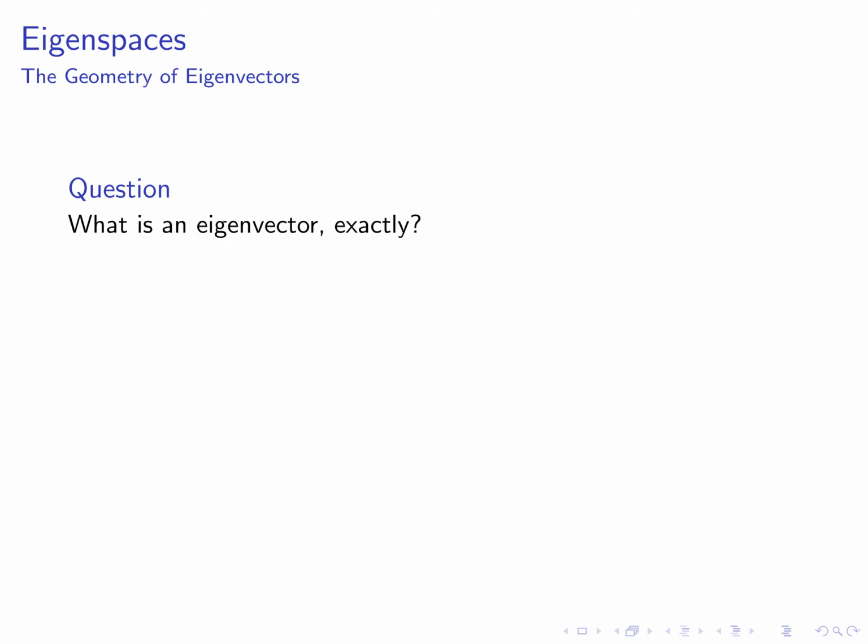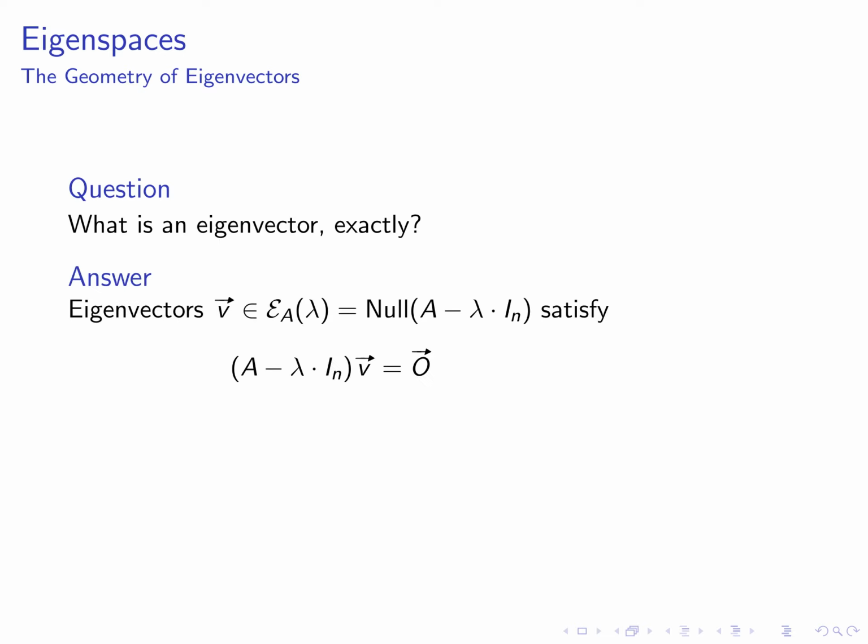So eigenvectors are the vectors that live in an eigenspace. But a natural question to ask is, what is an eigenvector exactly? Why do I care about the vectors that live in the null space of A minus lambda times the identity?